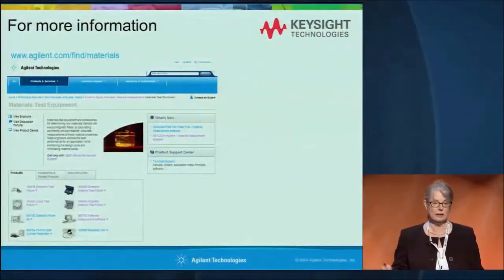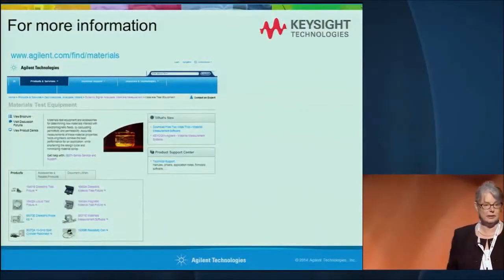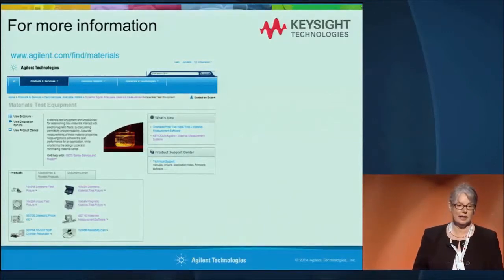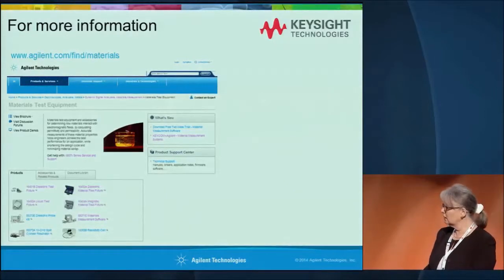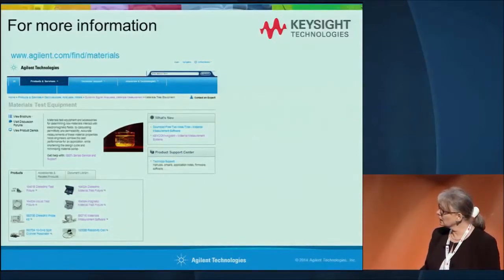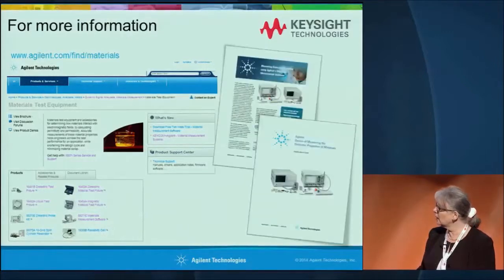All righty, so for more information about any of these methods that I briefly touched on, we have a website. If you just type materials into the Agilent website, you'll get to this page, which has links to the product information about all the different fixtures. Also, we have some literature.